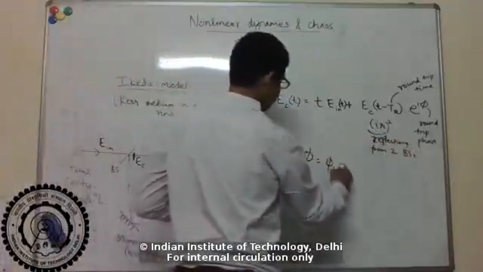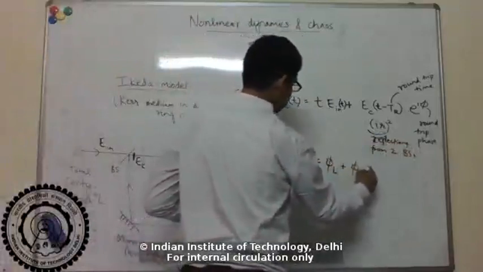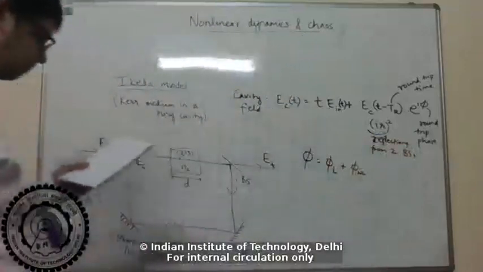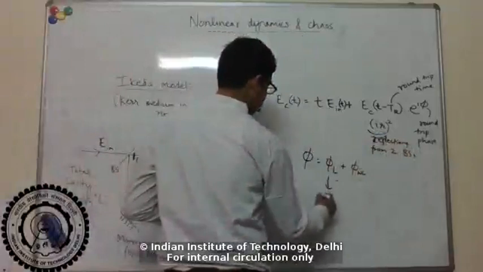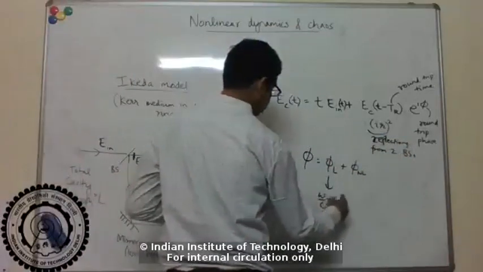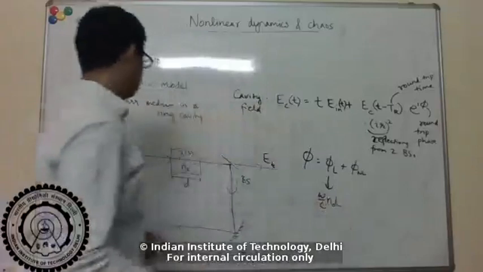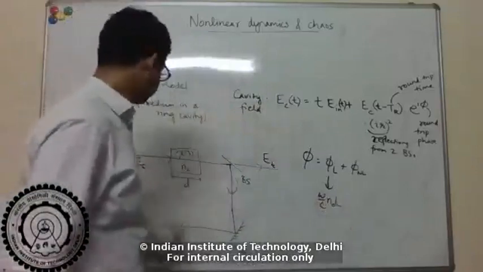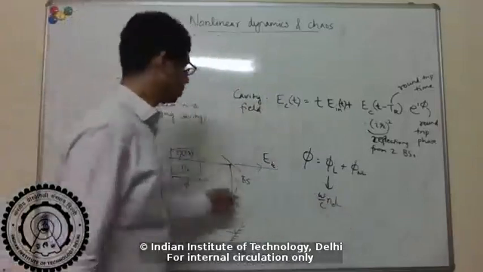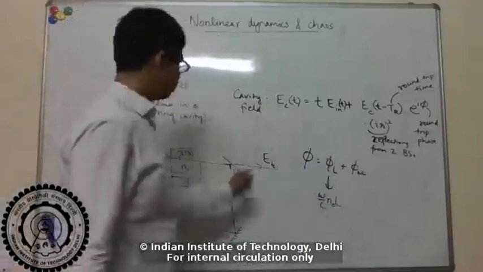That is again the sum of the linear phase plus a nonlinear phase. Right, so the linear phase again is just, let's say whatever linear refractive index, if this has some medium, or if it's just free space, then n0 is just 1, right? So k times L.